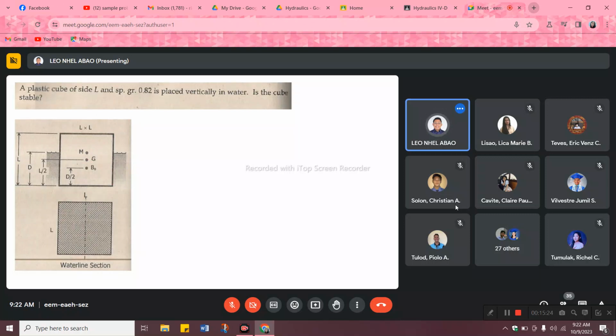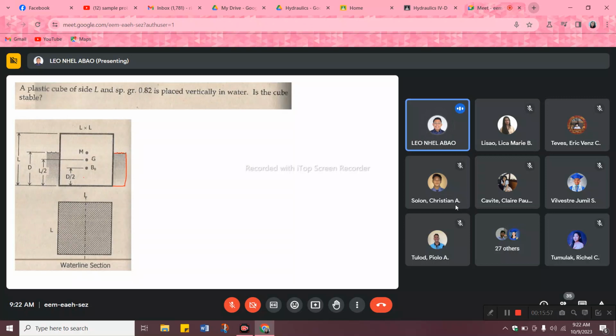G is at L over 2, because G is in the body and the body has dimension L. For BO, it is in the submerged part, in the water. D is the draft, the height of the submerged volume, so BO is located at D over 2.